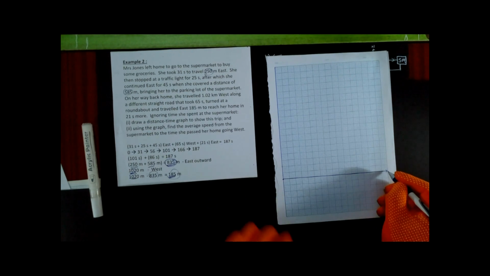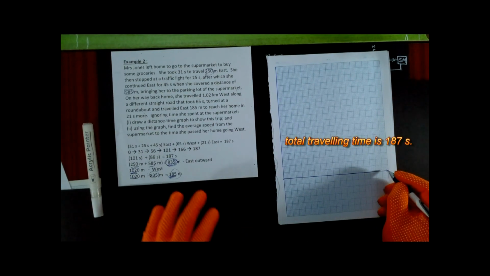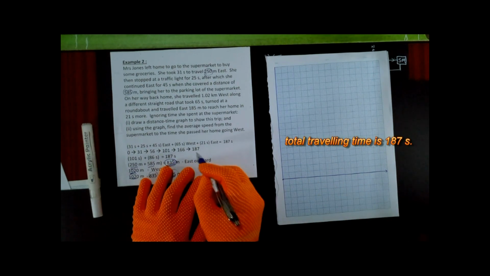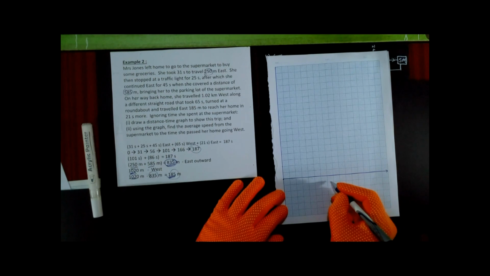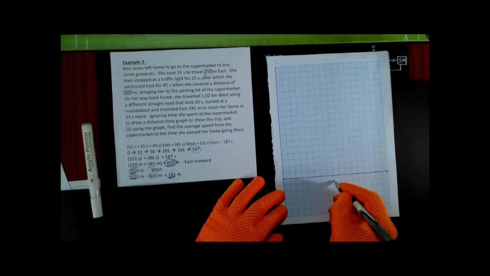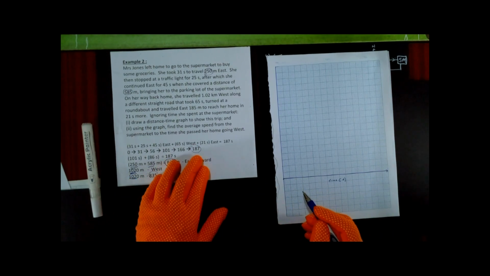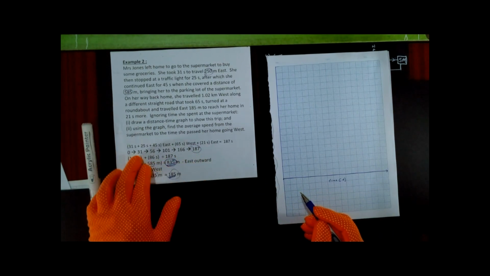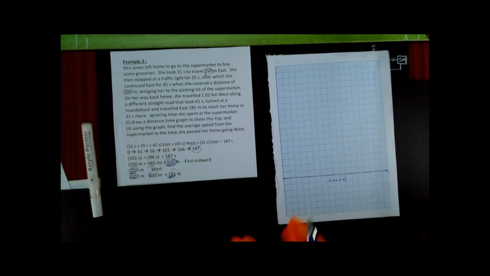So this is our x-axis, and we want to fit 187 seconds along this x-axis. So this is time, and it is measured in seconds. Never mind these individual numbers. We just add them up to find that we need at least 187. So we'll try for 200.